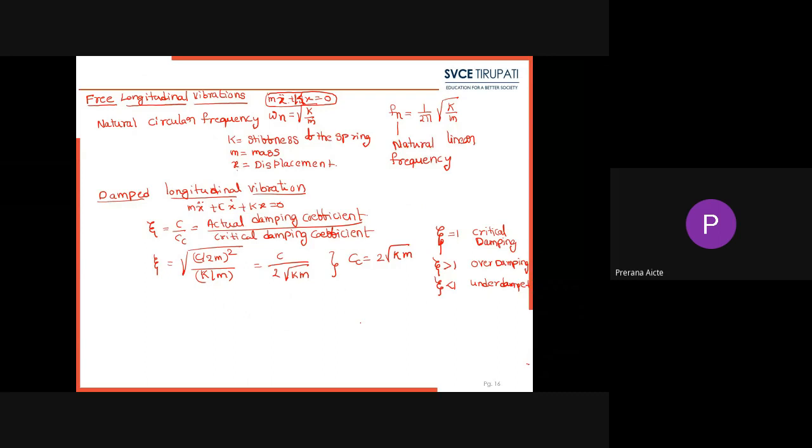Right? And there is another concept called logarithmic decrement.